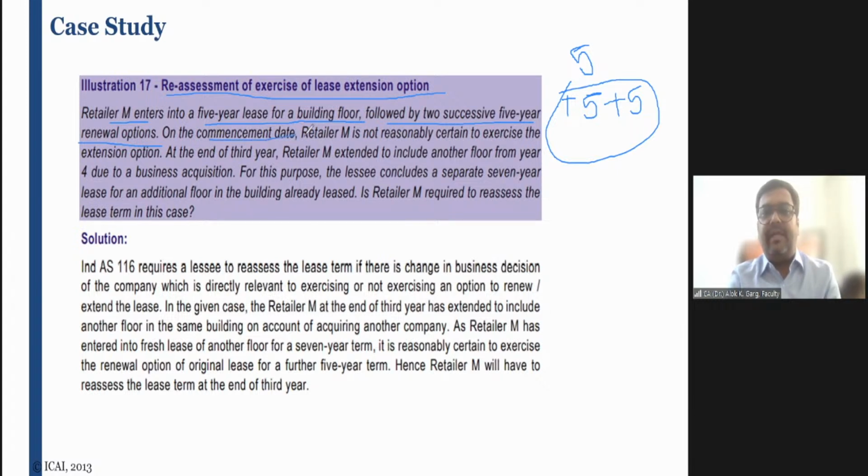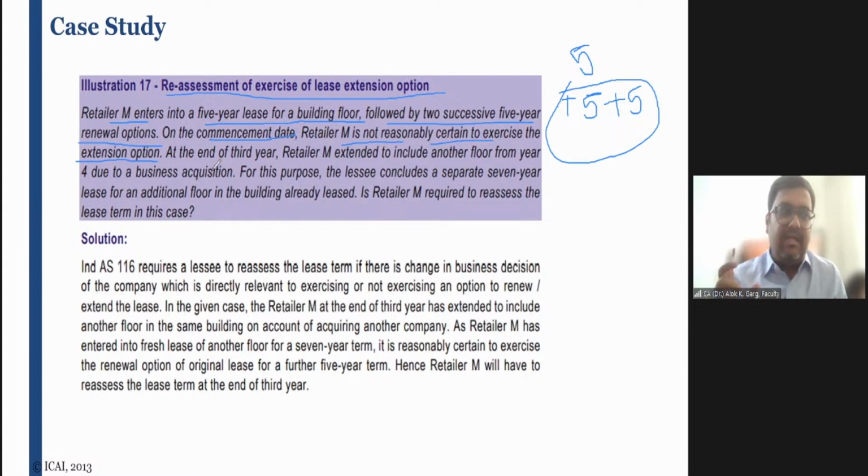On the commencement date, retailer M is not reasonably certain to exercise the extension option. Now, what happened?